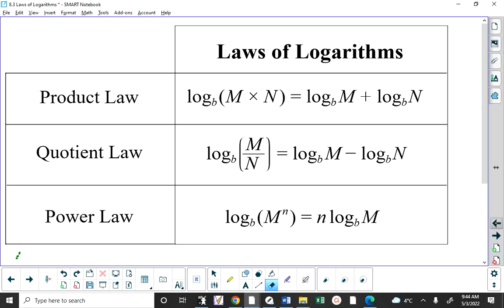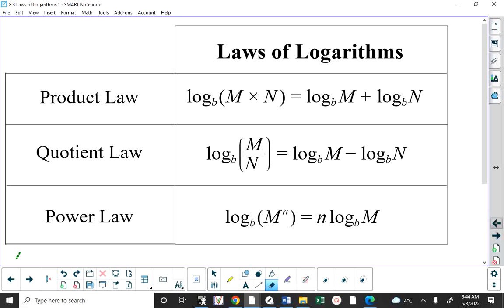Those of you not in calculus don't know what I'm referring to, and that's fine. What the power law says, and I want you to notice that I really should have brackets around the m to the n, and I see that in your note package I didn't put the brackets. You should have them there. That's that thing that I should get better at not being lazy about.